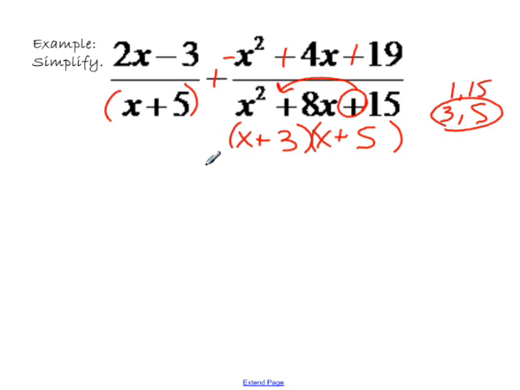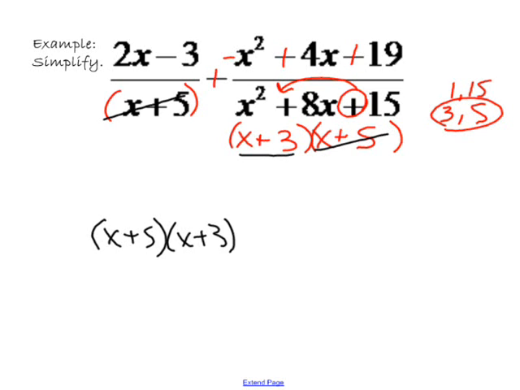Now, like I was telling you before, when you have groups of binomials that are being multiplied, when you look for your GCF, you want to write down what they have in common. An x plus 5. I go ahead and mark that out just so it's out of my mind, and then I look for what they have that's different. Well, the second one had an x plus 3. So that's also part of our denominator.